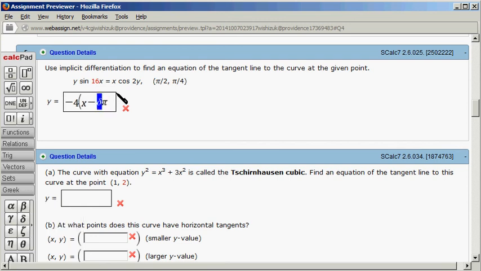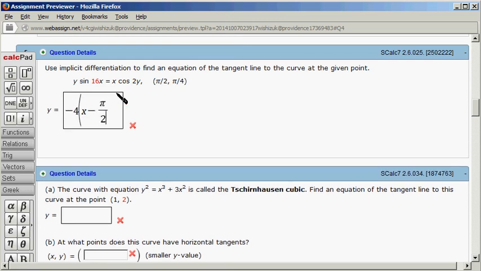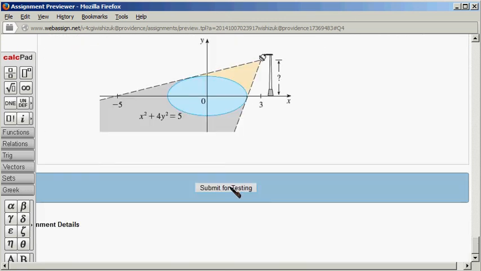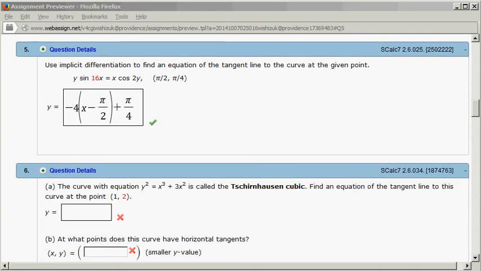So pi over 2, that's the x value, and then plus pi over 4. All right, so let's check the answer. Submit for testing. It came back and it looks like we got this one correctly. That's it. I hope that this was clear.